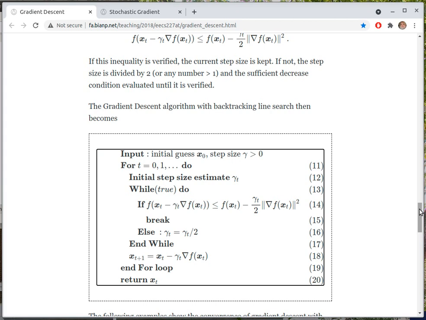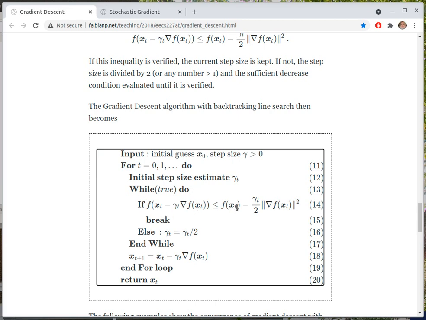I mean, it will take a little bit more work sometimes, but the problem with increasing it is it's hard to know what to increase it to. So there's that.